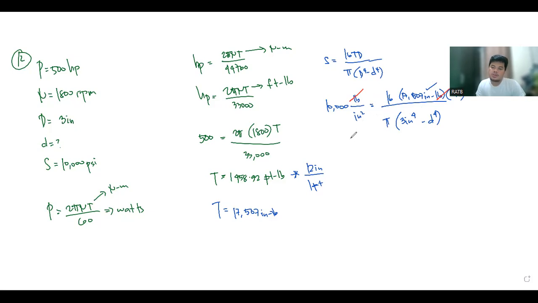So upon calculating d to the power of 4, that's 16 times 17,507 times 3 divided by 10,000 times pi.